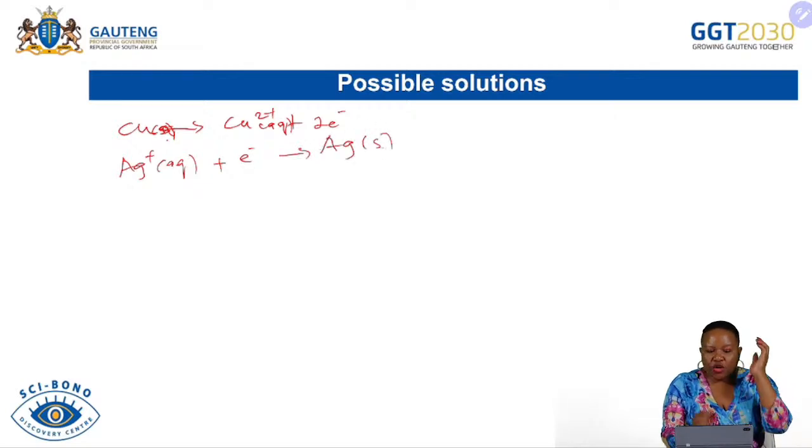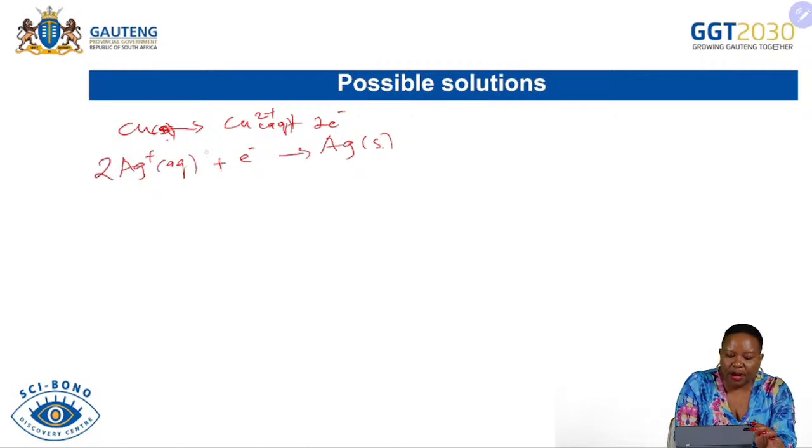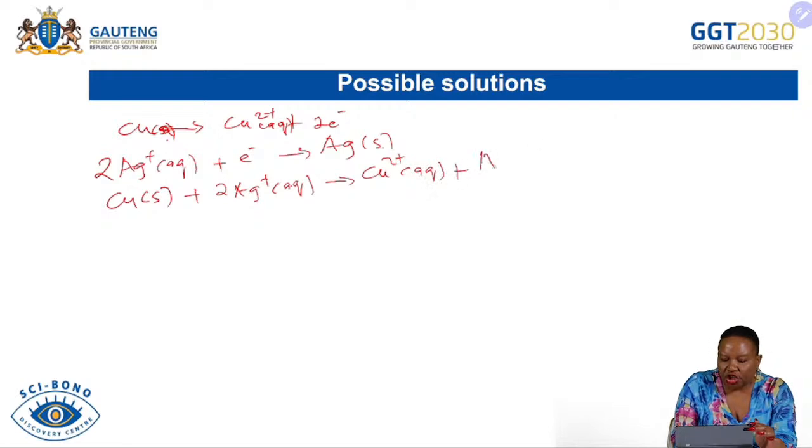Therefore, we know that they don't balance, so this one will be multiplied by 2. To write the overall, it is going to be Cu solid plus 2 Ag+ aqueous, giving us Cu2+ aqueous plus 2 Ag solid.